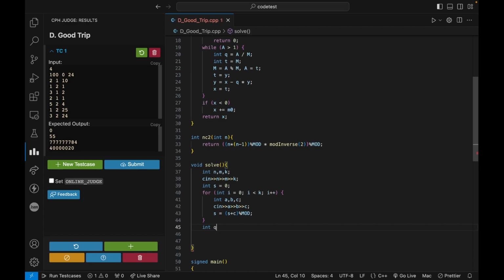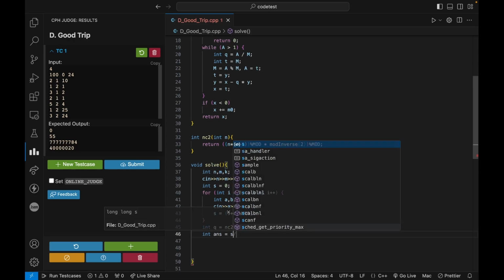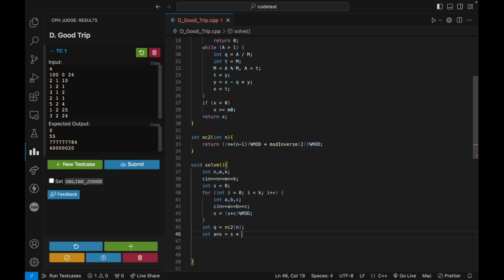So I can say int q, the denominator, is NC2 of n, and then my answer is equal to s times q, and take modulus. So this is my current answer for the first excursion. Now for the next k minus 1 excursions, I have to recalculate everything.